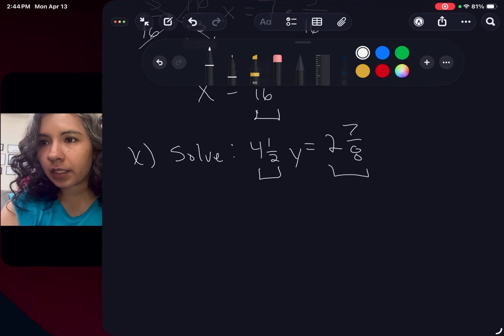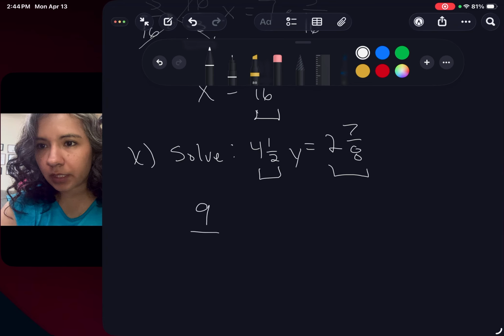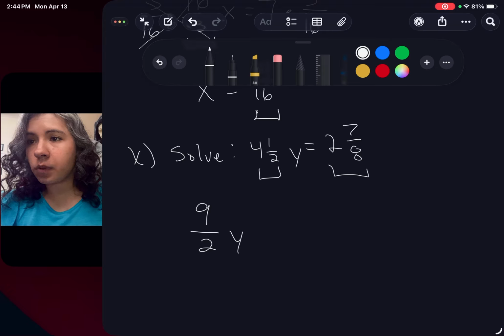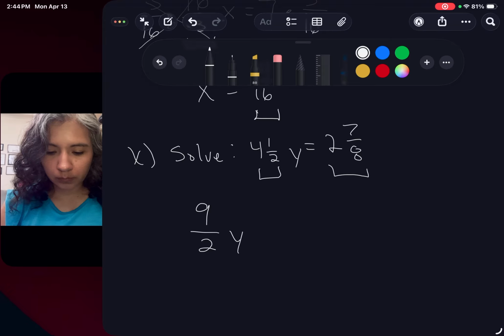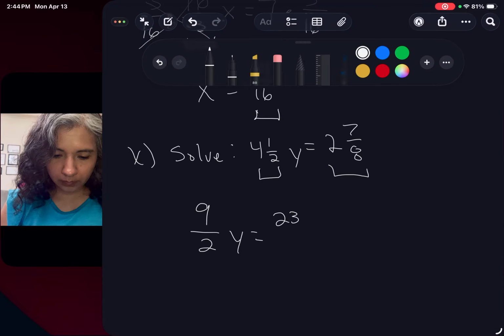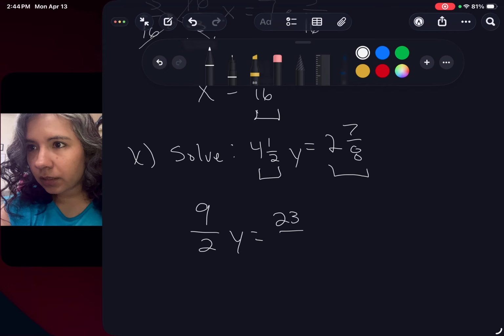So 4.5 is the same as 9/2, y, and 2 7/8 is 16 plus 7, 23, right, 23/8.